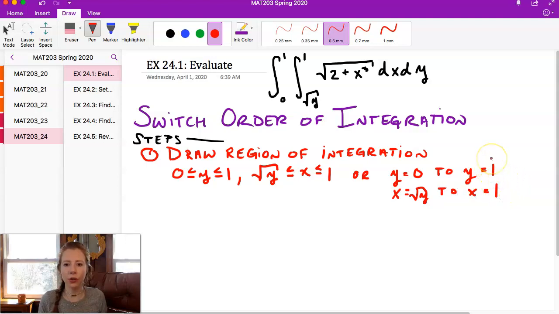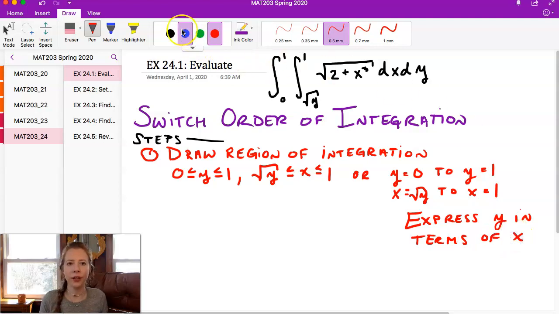So what we want to do is express y in terms of x, to reverse the order. Okay, so let's start out by plotting the region.